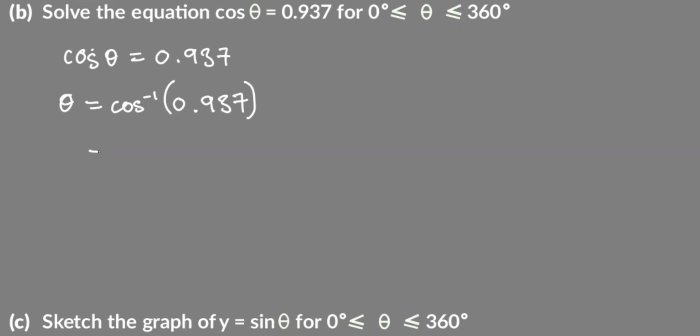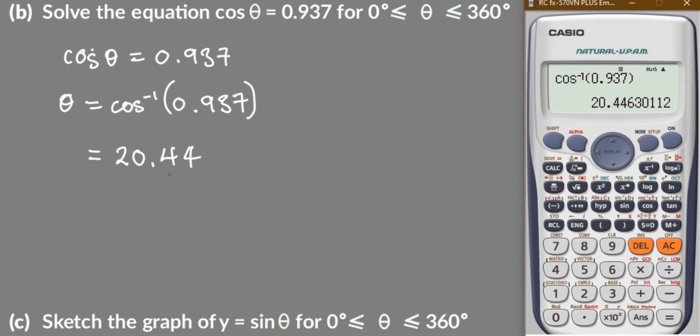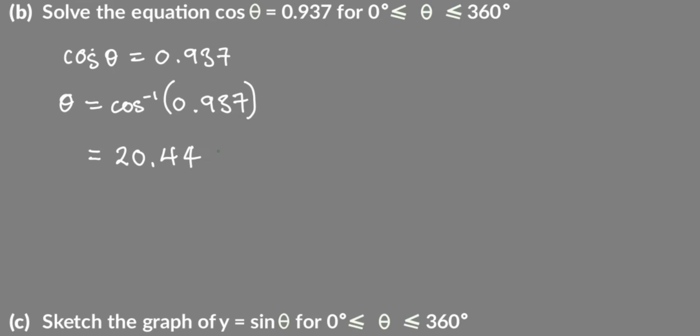If we punch this value on our calculator, we should get an answer of 20.44, about that. As you can see, it's 20.446 degrees. Then we need to note that we need to find the second value of theta, or another theta that can give us this answer.